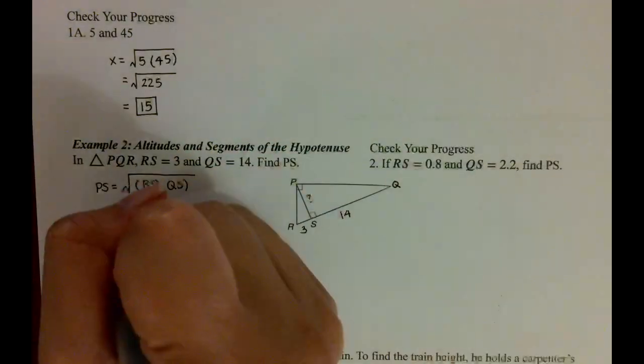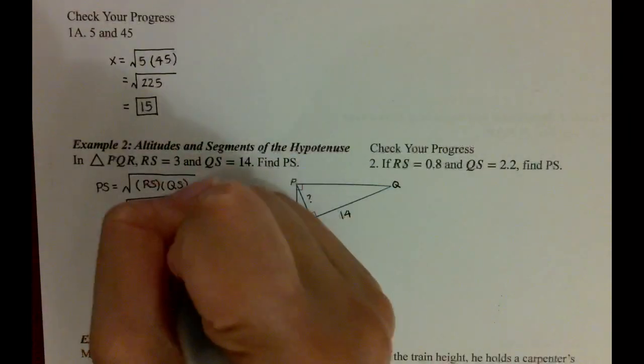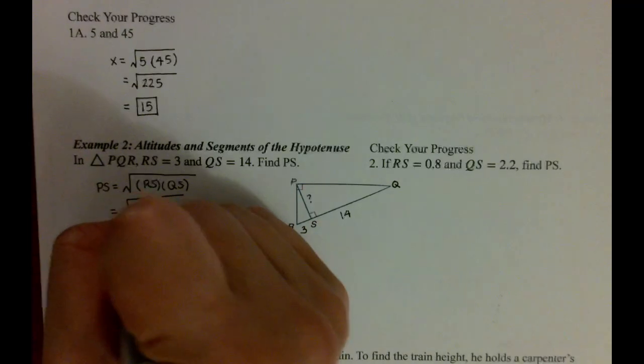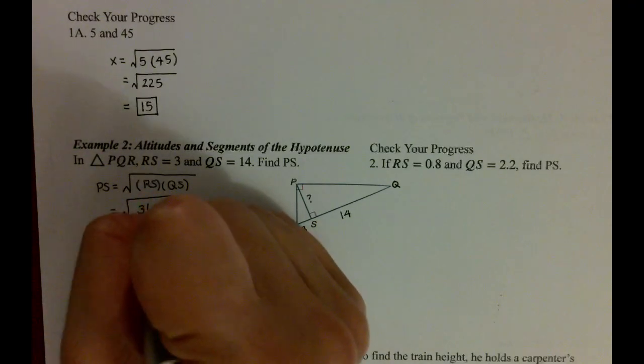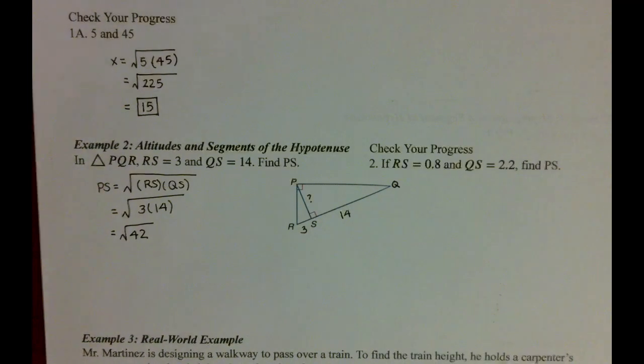I'm just going to plug in what I know. RS is 3, QS is 14. 3 times 14 is 42, and the square root of 42 is already simplified.